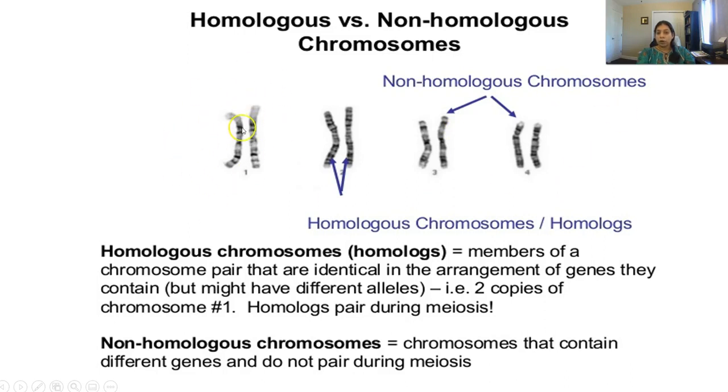These two are homologs, these two are homologs, each one in each pair. These are your homologous chromosomes. But when you're looking at two different chromosomes, the complete DNA pattern is different. It's 3 versus 4. It's non-homologous chromosomes. The homologs are what are going to pair during meiosis in our cells for cell division.